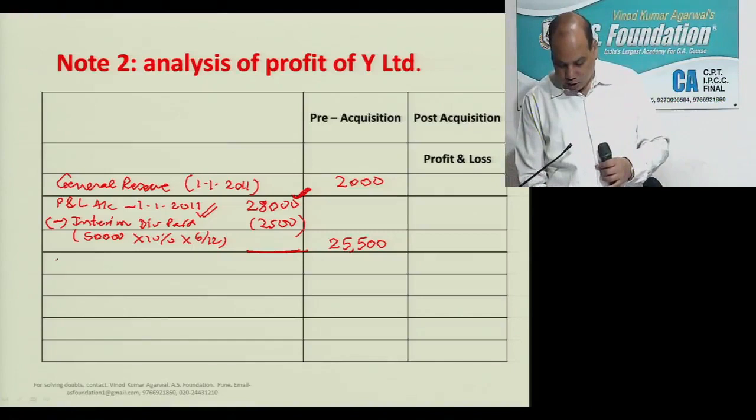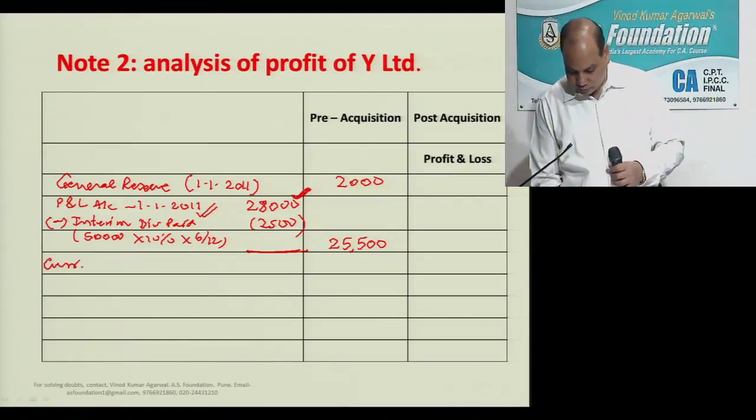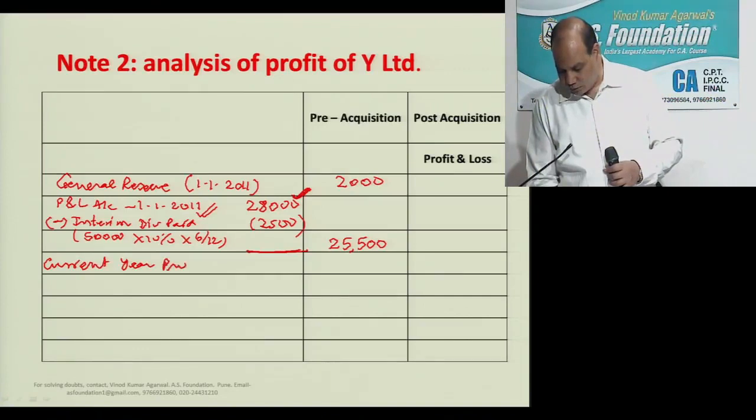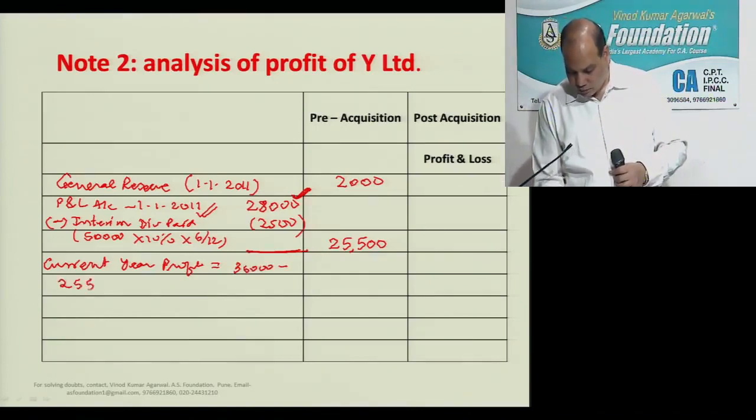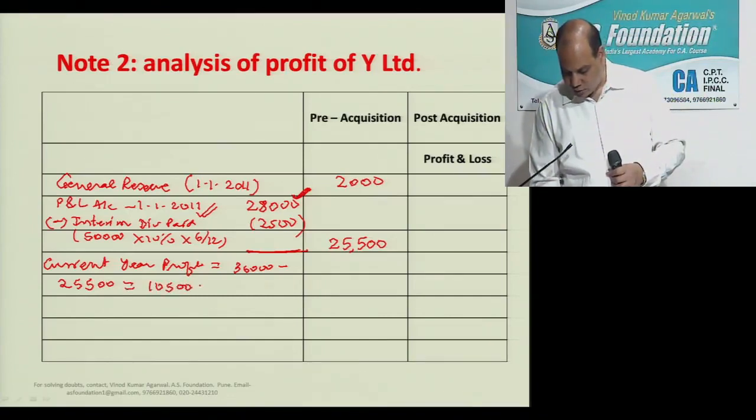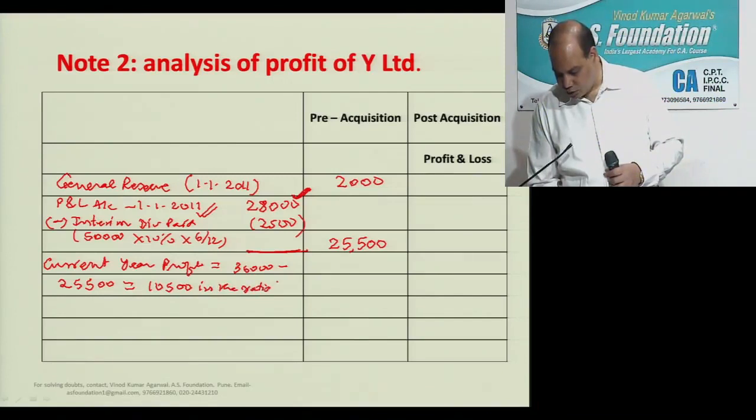And then write down current year profit. Current year profit is equal to 36,000 minus 25,500, which is 10,500, in the ratio 3:9.